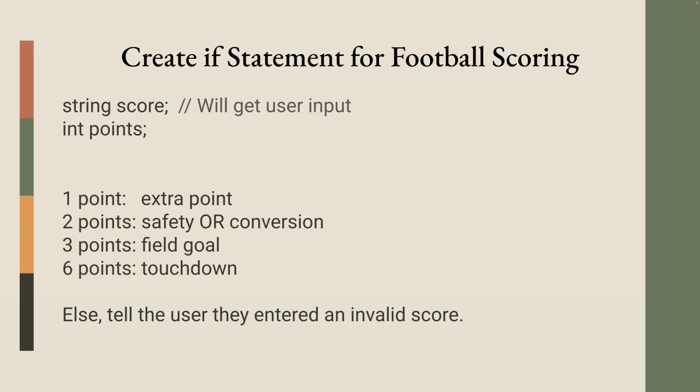For now, we'll assume maybe points gets printed at the end, but for now we just want points equal to 1, 2, 3, or 6 based on the input. So we're going to assign a value.